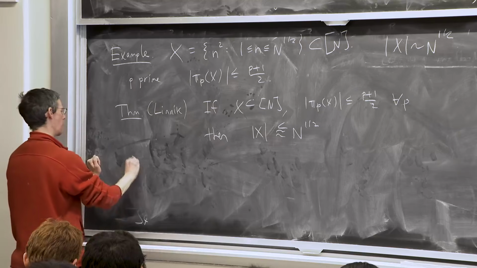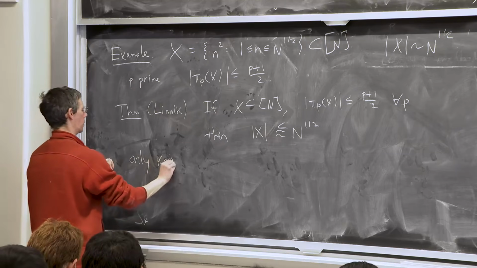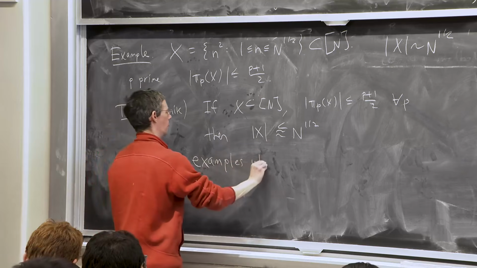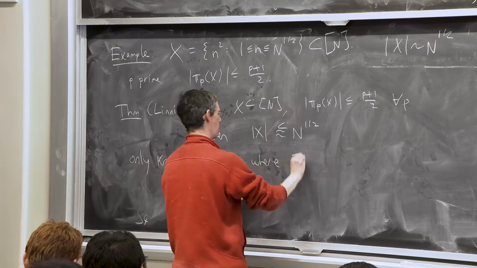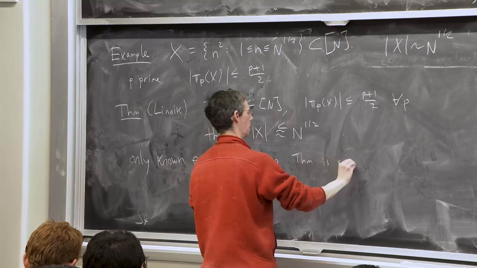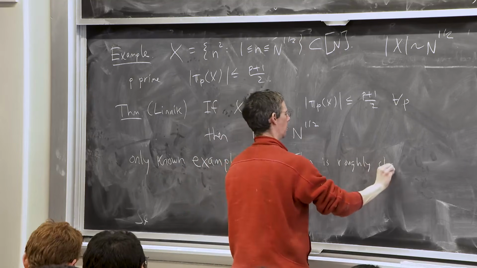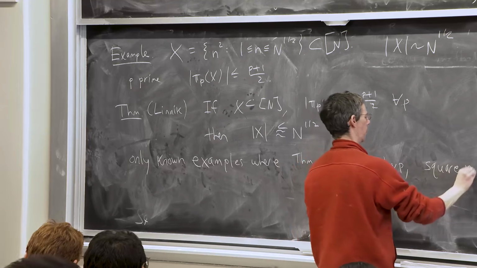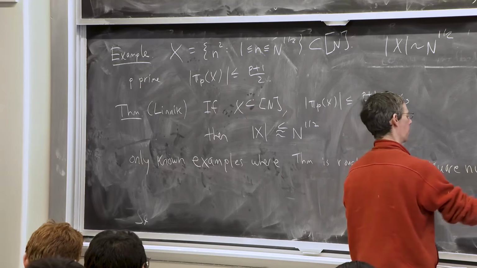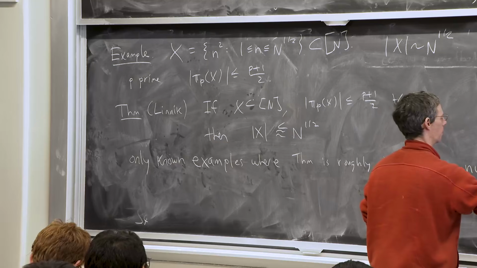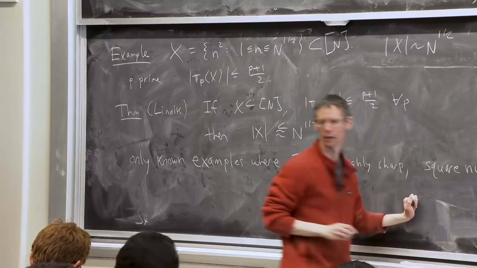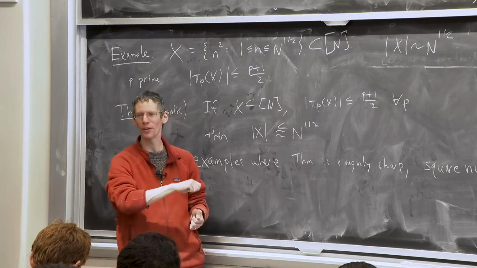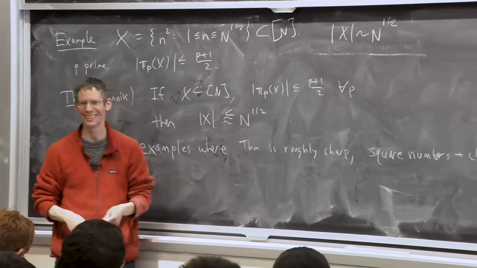The only known examples where this theorem is roughly tight are the square numbers and close cousins of the square numbers.